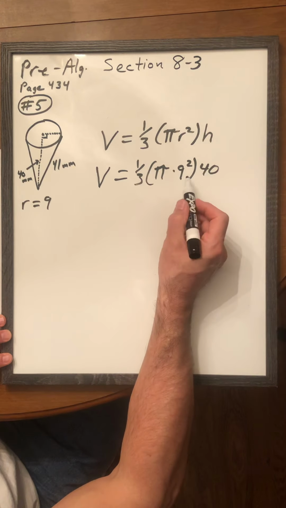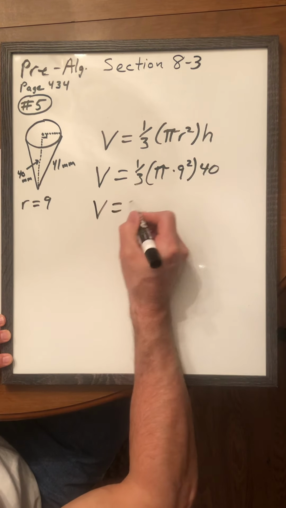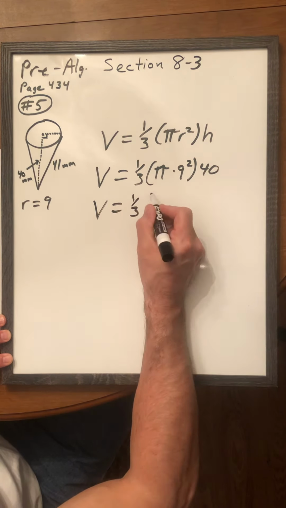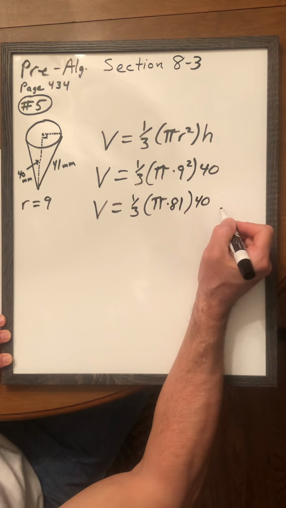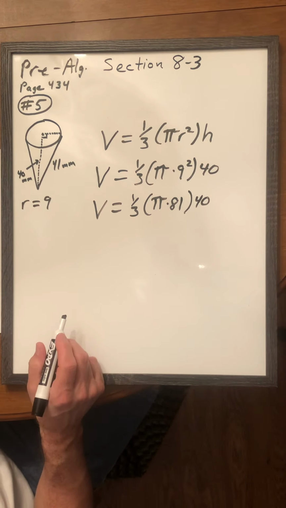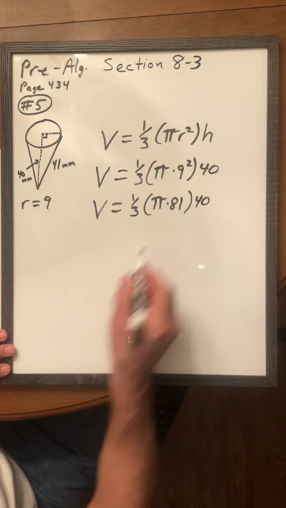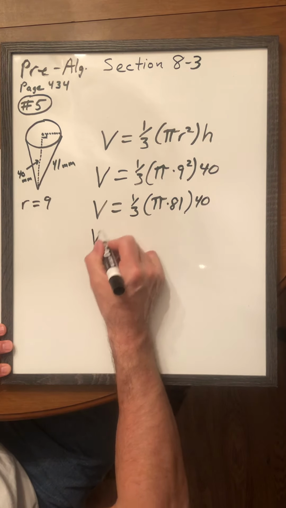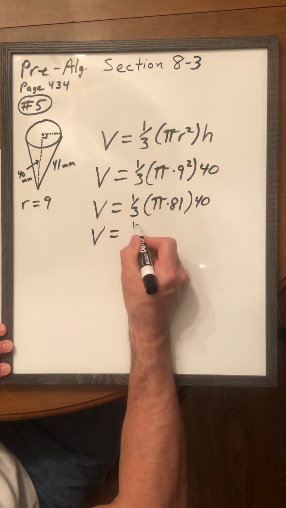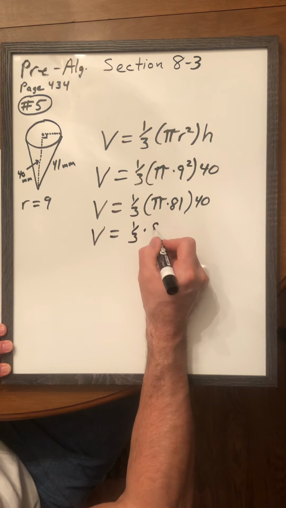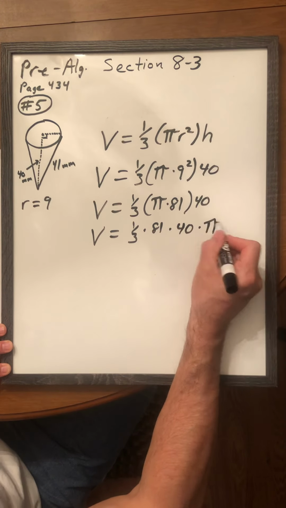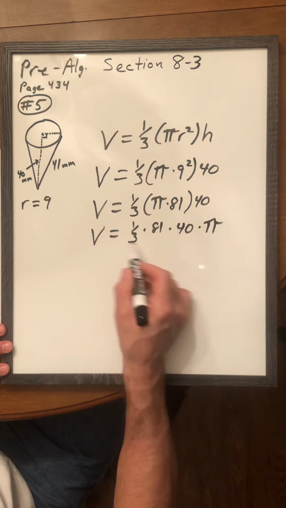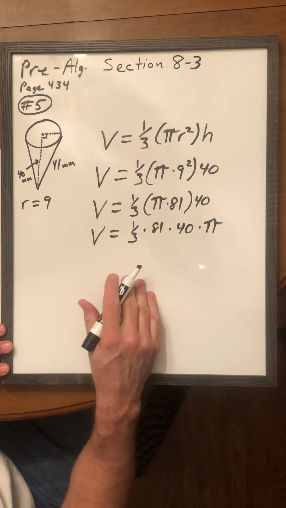Now I want to deal with the exponent first. So the volume equals 1/3 pi times 9 squared, which is 81, and then we have 40 on the outside. I'm going to rearrange my numbers and put the 1/3 times the 81 times the 40, and then pi at the end. Since this is all multiplication, it doesn't matter how you arrange the numbers.